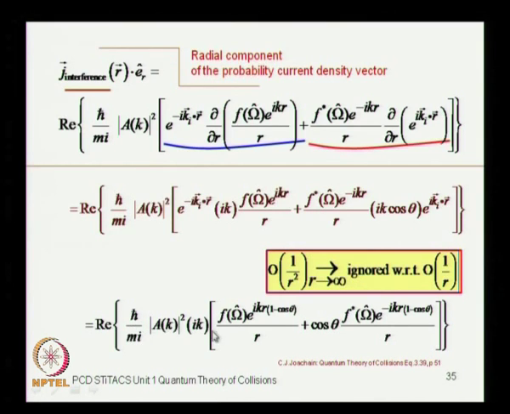You will also get h cross k over m as the velocity, and then you have rather similar looking terms inside this rectangular bracket. You have got f over r here, here you have got f star over r, you have got an additional cosine theta over here, you have got e to the plus i k r 1 minus cos theta, but over here you have got e to the minus i k r 1 minus cos theta.